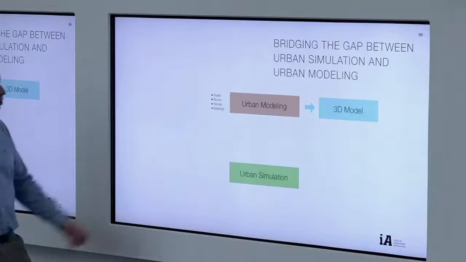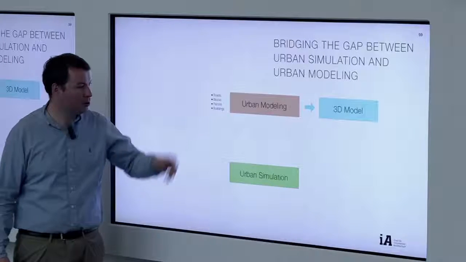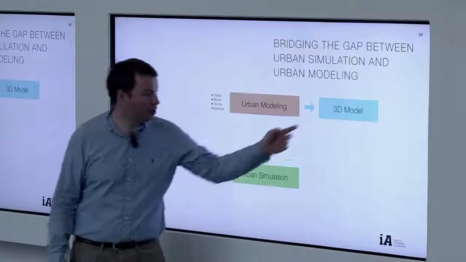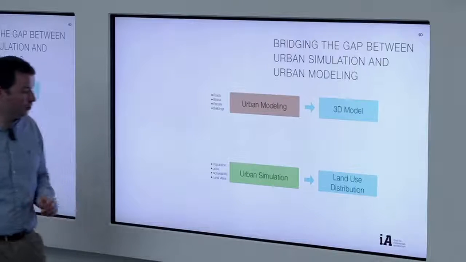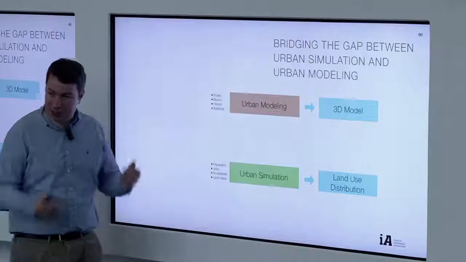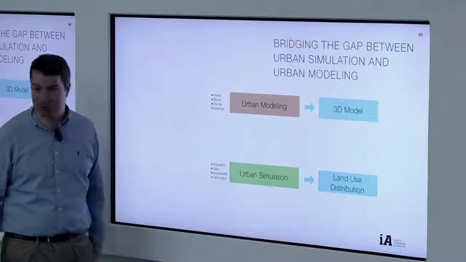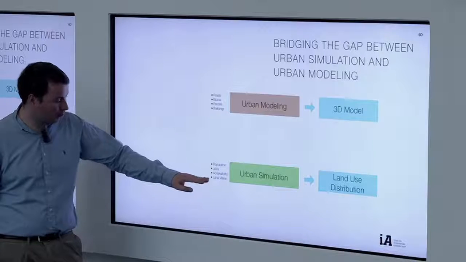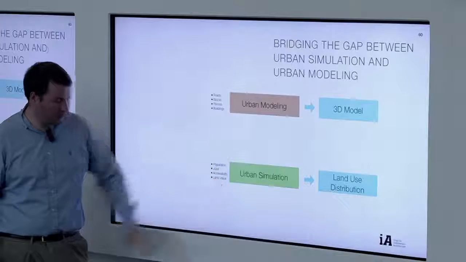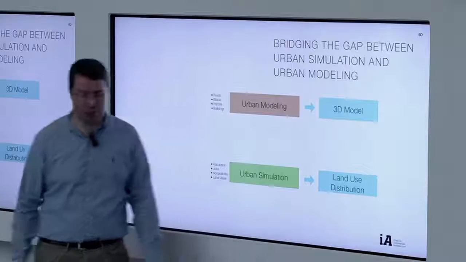And as you know, for urban modeling, we have information like roads, blocks, parcels, buildings, and in the end we have a 3D model if you combine it. In the urban simulation, as I said, with all this economic modeling, you have population, you have jobs, you have maybe accessibility to something in a network. It doesn't need to be just traffic. And you have the land value. And then you get out of the simulation a land use distribution.